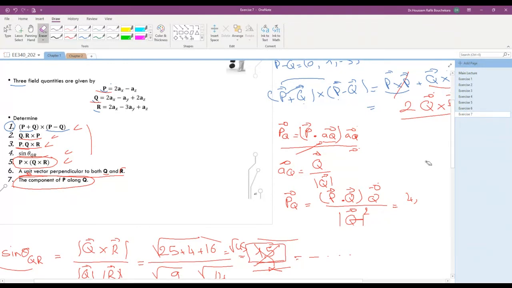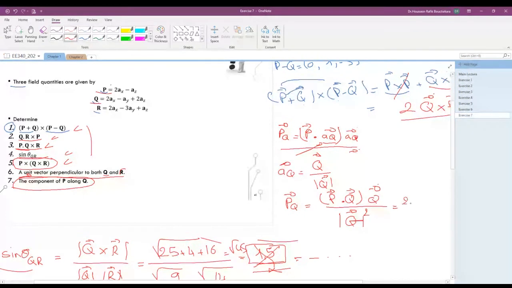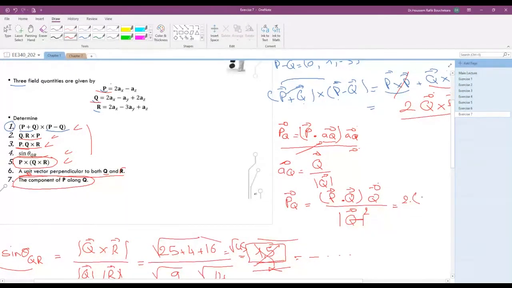So 4 minus 2, so it is equal to 2, times Q اللي هي 2, minus 1 and 2 الكل divided by the magnitude of Q. The magnitude of Q اللي هي 4 plus 1 which is equal to 5 plus 4 اللي هي 9.